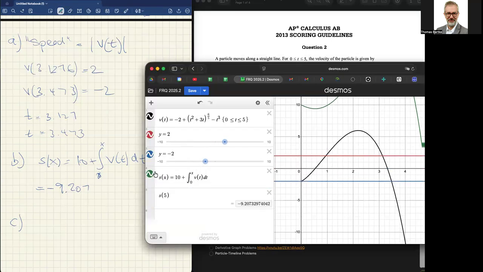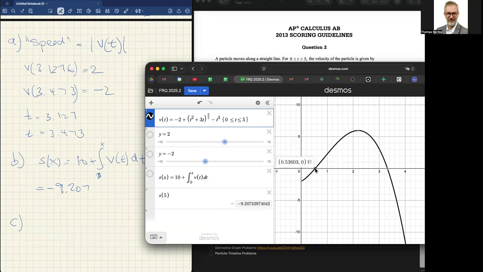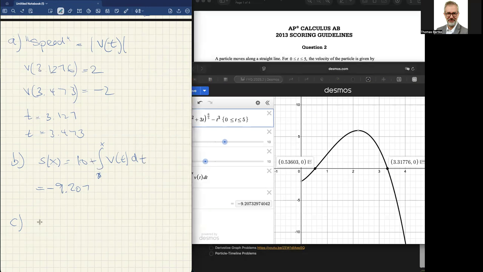So let's get all the stuff out of the way that we're not looking at the moment. So this is just the original v of t function, and it crosses the x-axis here and then again here. So we just have to find these 2 points and write the justification.